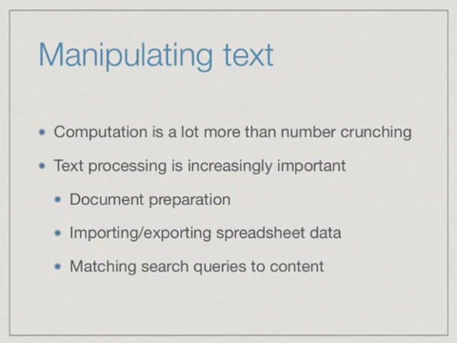So it matches the text in the query that we give with some information about the documents also implicitly in text and decides which documents are most relevant to our query. So text processing is an important part of computation in general, and the ease with which you can manipulate text in Python is one of the reasons why it has become a very popular language to program many things, including internet applications.